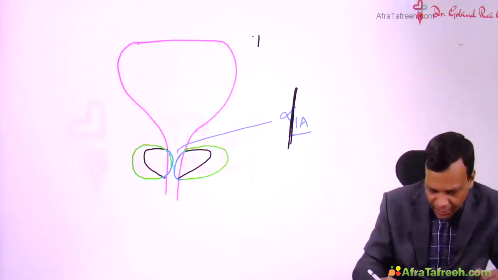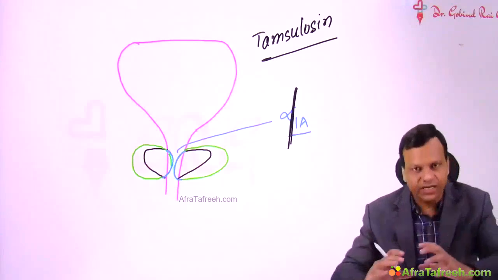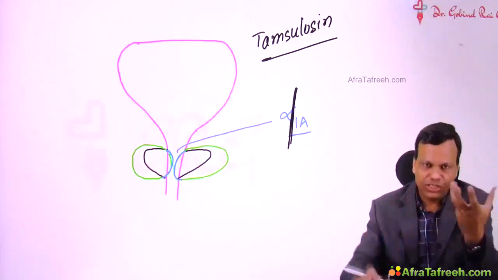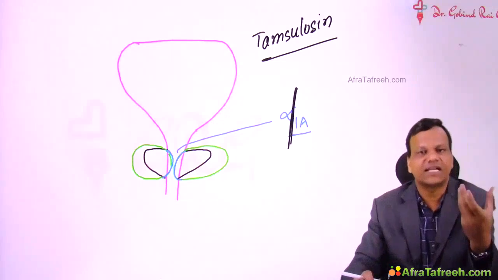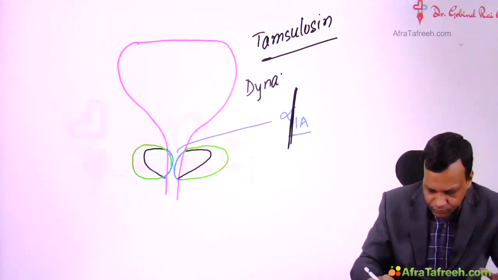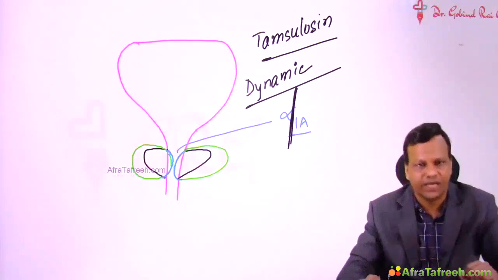And the drug blocking alpha 1 receptors is called tamsulosin. This drug stops the dynamic component. That means the urethra is not always contracting, but whenever the urethra contracts, it will relax that urethra. So this is known as the dynamic component. Dynamic component means which is present sometimes, not present at other times.